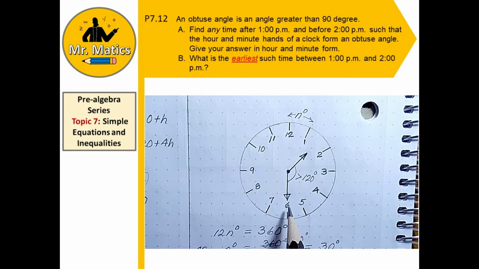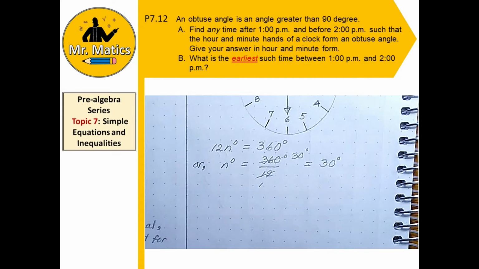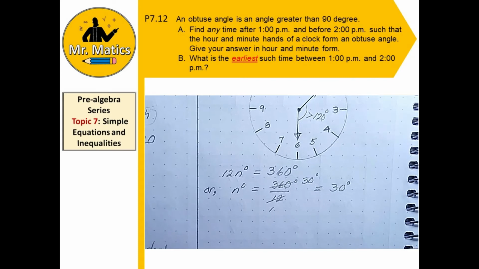We chose the mid-hour mark so that it's easy to calculate for us, but you can choose anything, 135 or even 140 and so forth. So that angle will still be more than that. So this is your first problem, the angle, the time.